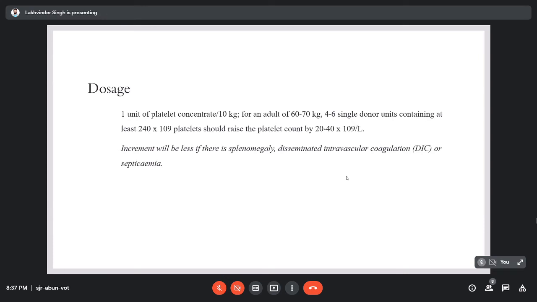It is when you do not get the expected increase in the platelet count even after giving the full dosage. So you have to find out the reason first and treat that reason, whether it is immune or non-immune. If immune, you may have to do the platelet cross-match also. If non-immune, like DIC and splenomegaly, in certain cases steroids help.